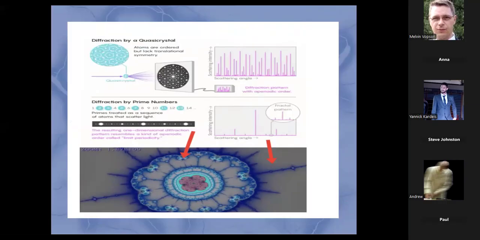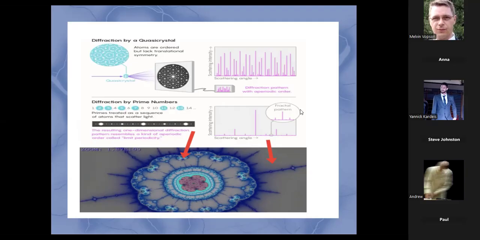So in this picture, in the upper section, we see the diffraction by prime numbers and the periodicity. If you look at these points and apply it to this fractal we found, then you see the same periodicity: a big one, a small one, then a big one, and between them many very small points.